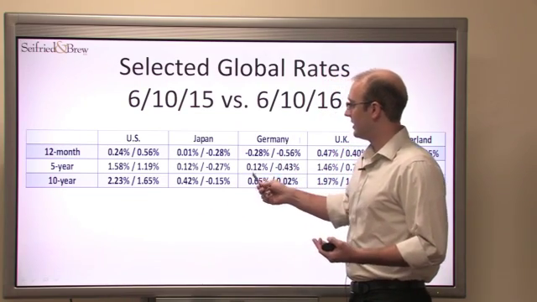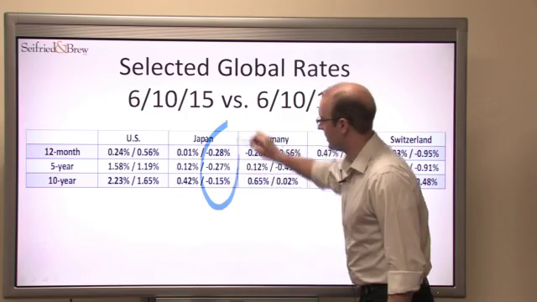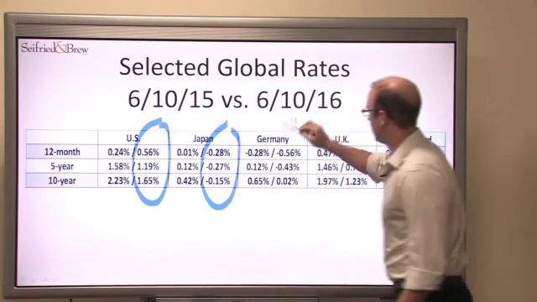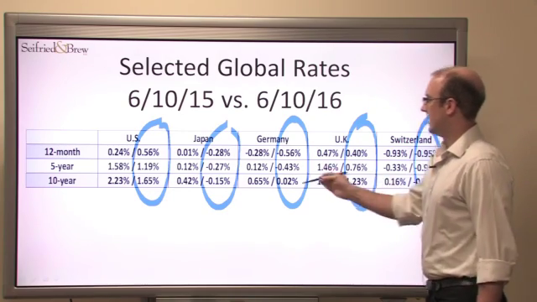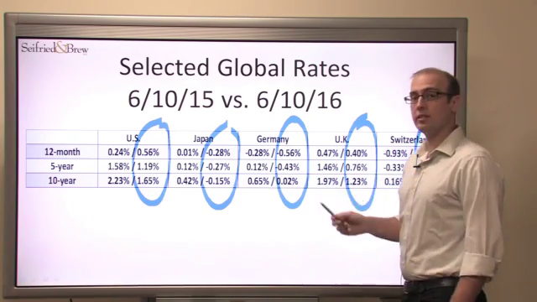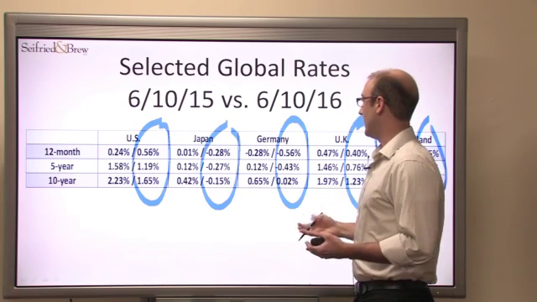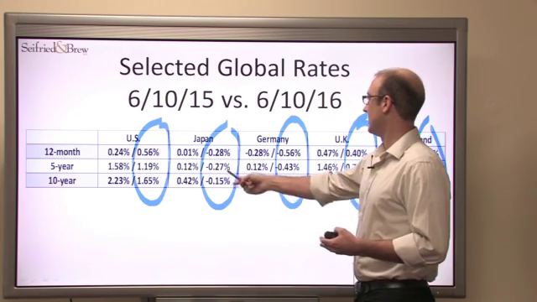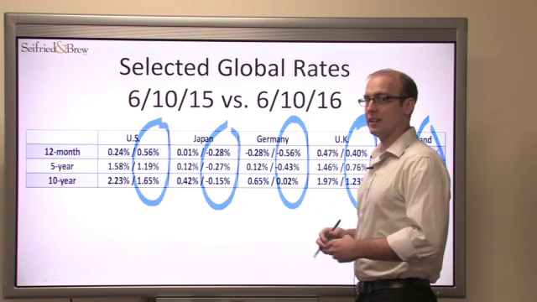But in this slide, I really just wanted to point out that these are the current rates. And several countries, several major economic powers in the world are issuing debt up to 10 years at negative or nearly negative rates.